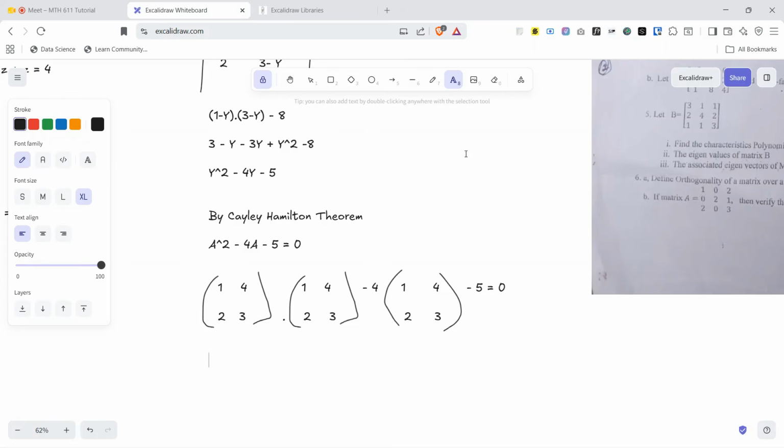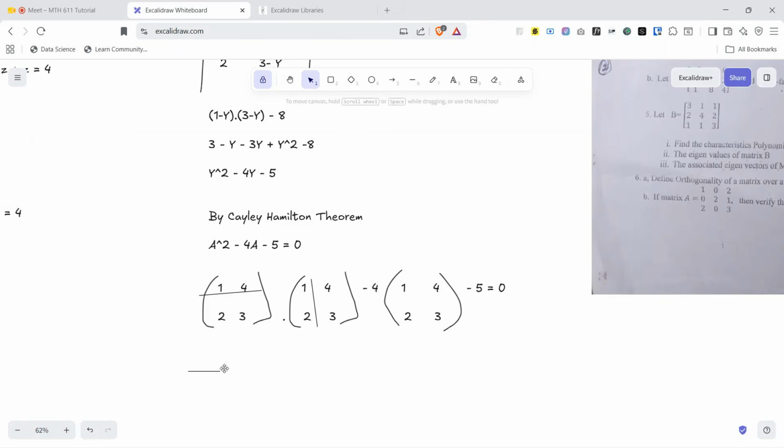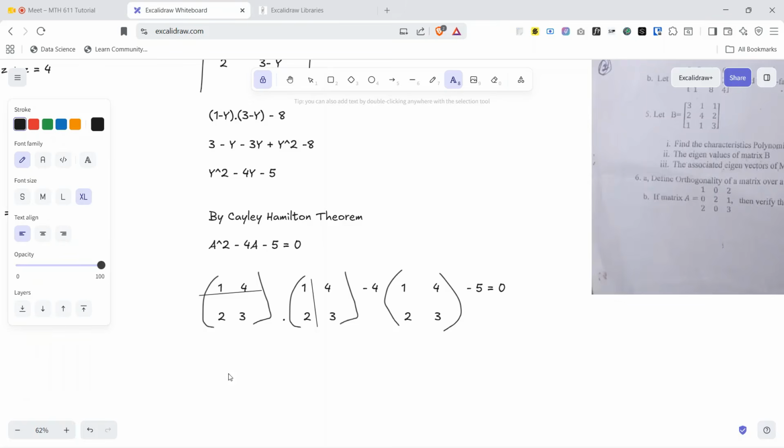So quick one, let's do this. We are multiplying this by this for each one, like that. So let's start. 1 times 1, that will be 1, plus 1 times 1 plus 4 times 2, that is 8. Then 1 times 4, 4, plus 4 times 3, 12.